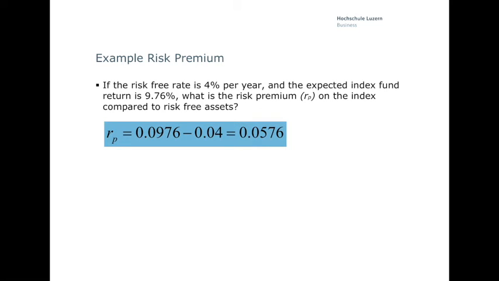You simply compute the index fund return minus the risk-free rate, resulting in an excess return of 5.76%. This means that an investor in an index fund is paid an additional 5.76% compared to a risk-free investment. This is the expected excess return for taking the additional risk.